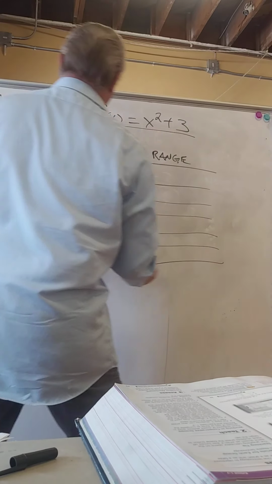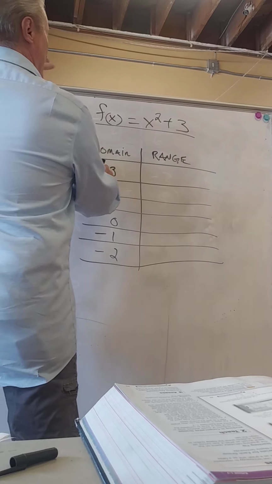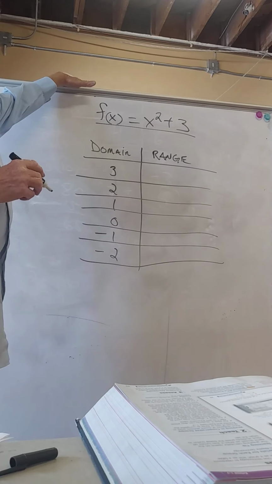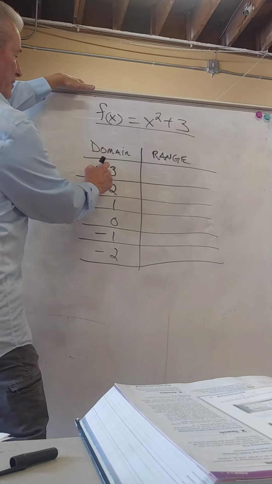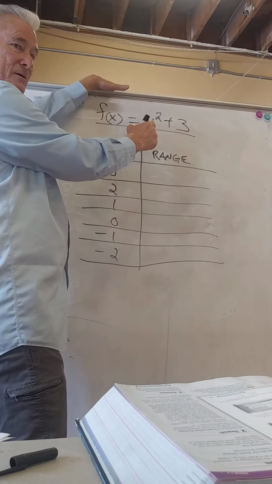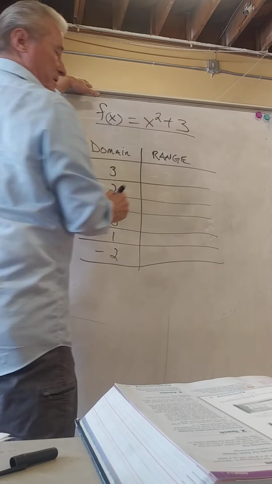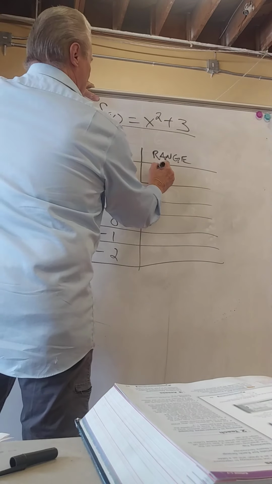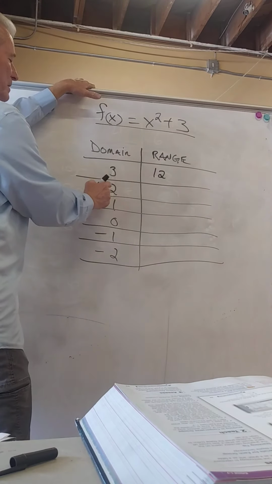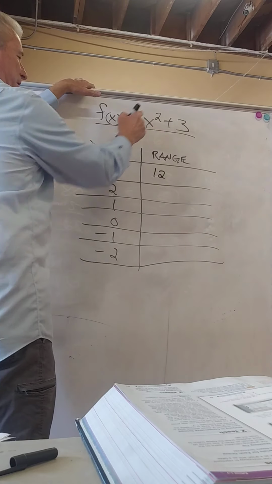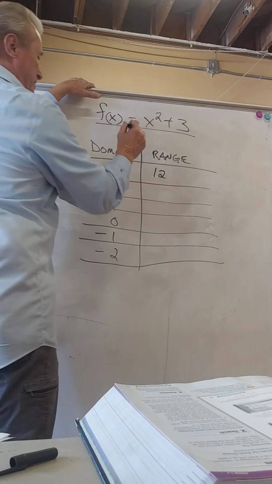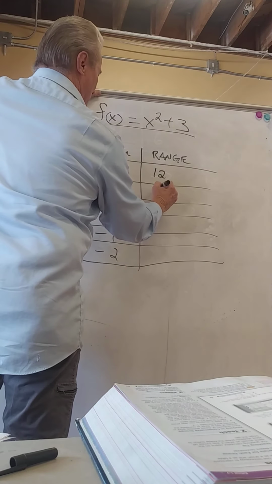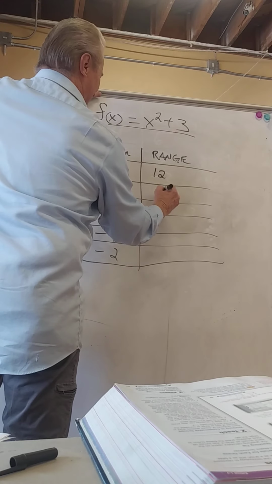So when we plug the 3 into our f of x, what do we get? 3 squared plus 3. 9 plus 3 is 12. 12, okay. 2. 2 squared is 4, plus 3. 7.